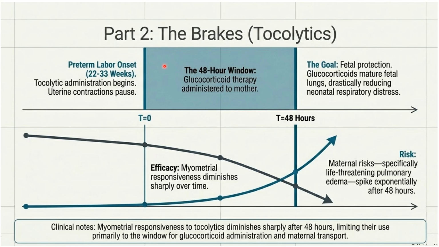This is the window where we can administer glucocorticoid therapy to the mother in order to accelerate the maturation of the lung through the maturation of the surfactant, which helps the baby's lung to recoil and reduces the respiratory distress syndrome that can happen upon delivery. So this is the therapeutic objective, to protect the fetus. We use glucocorticoids for fetal maturation of the lung, reducing neonatal respiratory distress.